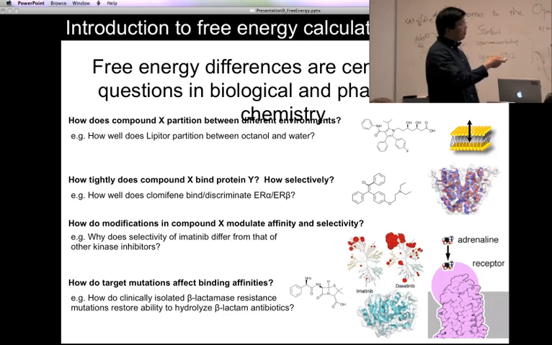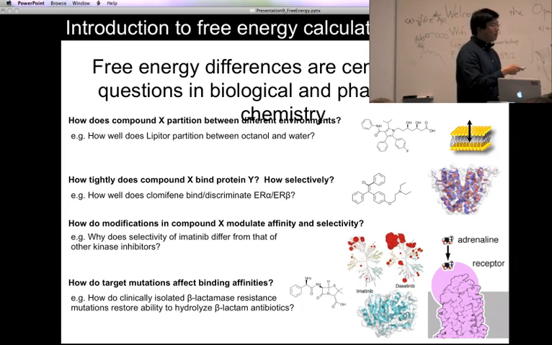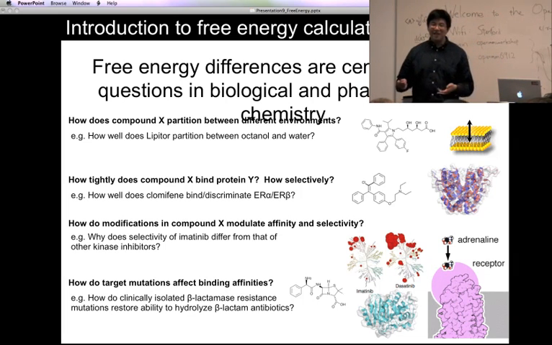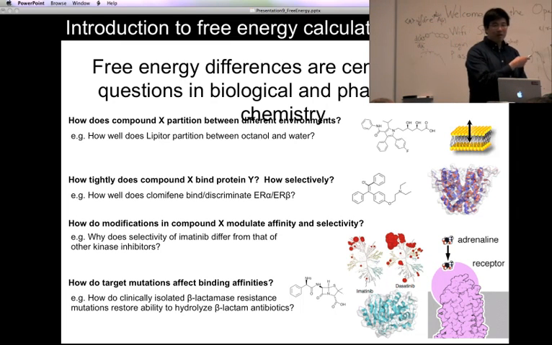Or how tightly does a protein bind a ligand? How much more tightly does protein A bind a ligand compared to protein B? Or what happens if you do a mutation to a protein, and how does it affect the free energy of binding? These are all pretty relevant and interesting things.